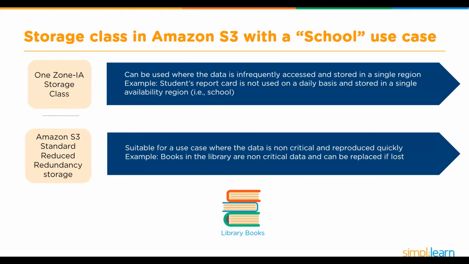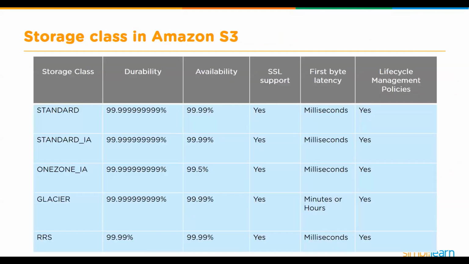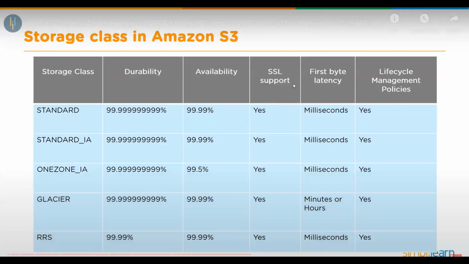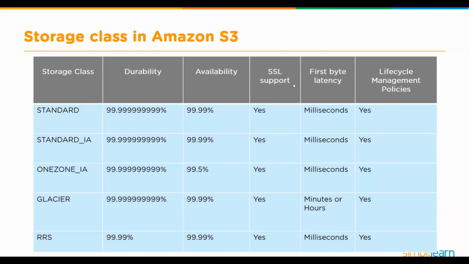This is good for data that's frequently accessed. It's good for data that is non-critical and that can be reproduced if it gets lost. And reduced redundancy storage, or RRS, is a highly available solution designed for storing data that can be reproduced quickly.